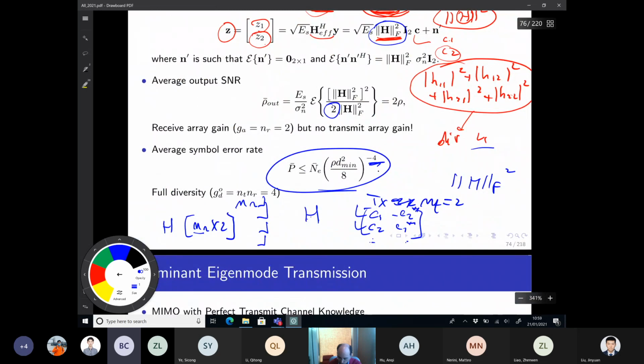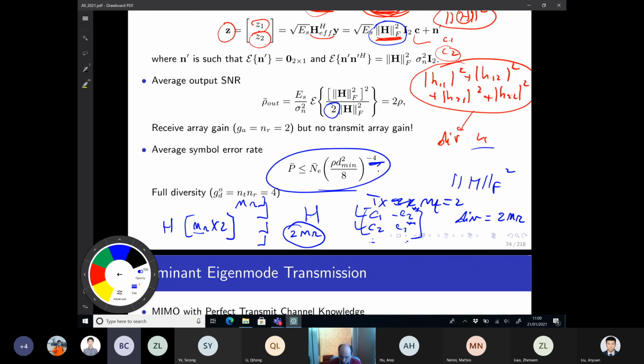But now you're going to have a sum over how many coefficients I have in H: 2 multiplied by NR coefficients. So my diversity gain now will be equal to 2 multiplied by NR. I benefit from the NR receive antennas, but additionally, I benefit from the 2 transmit antennas. So I have a total diversity gain of 2 times NR.